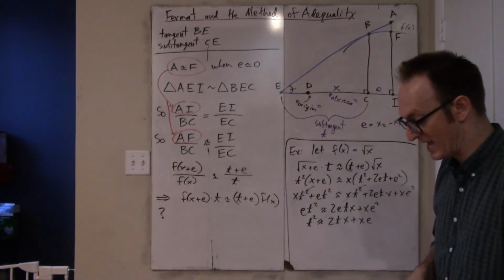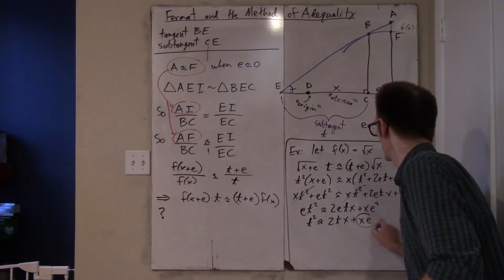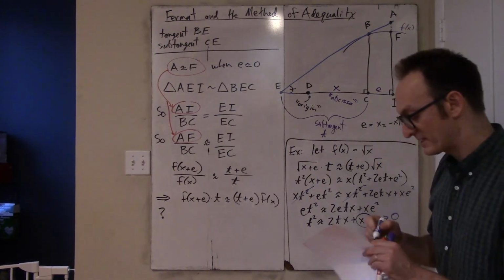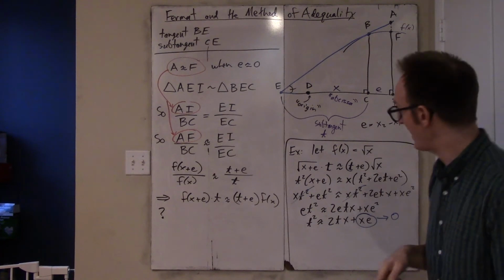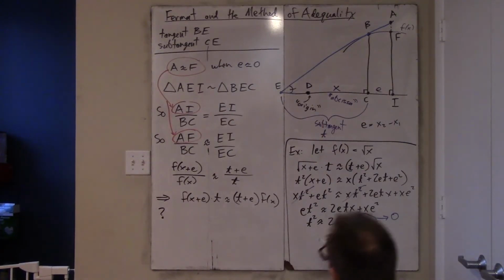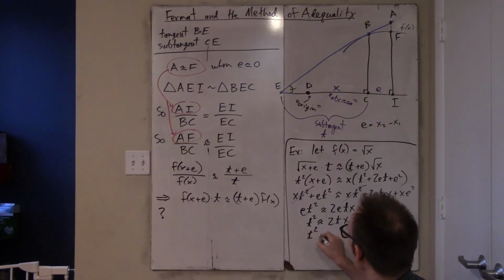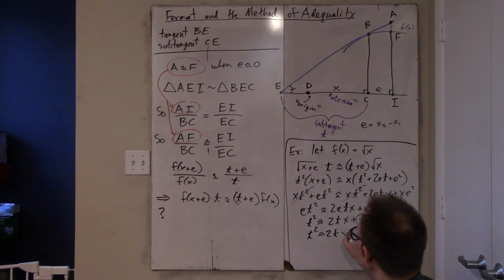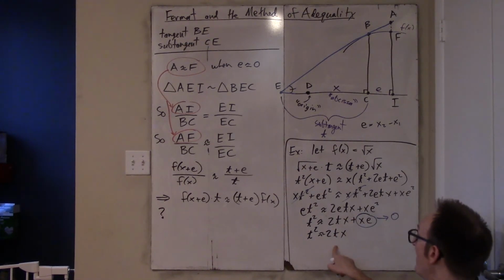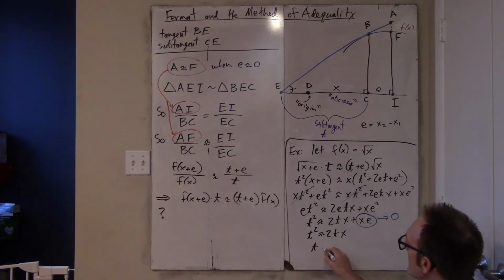We say this is basically 0, so that's just gone. And now I have this happy little equation, t squared is approximately 2tx. Well, now I can divide by t, and I get that t is approximately 2x.